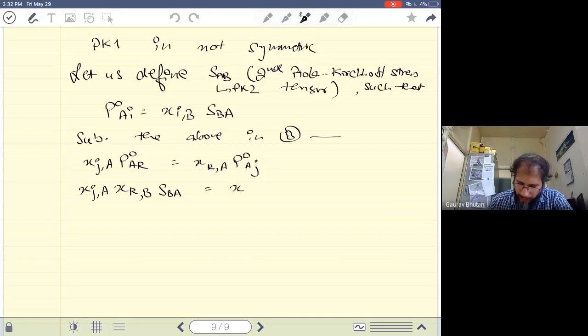On the right hand side, just for clarity, since a is a repeated index, we will replace that by c. So this becomes P naught cj, and then we apply the definition of PK2. So this becomes xj comma d, and then S dc.